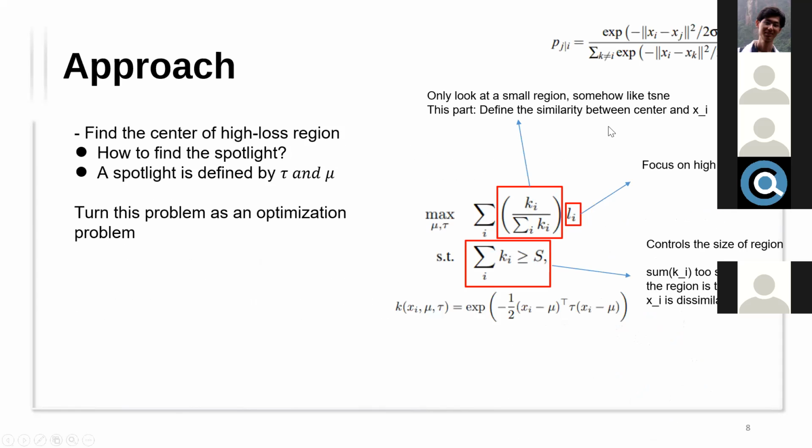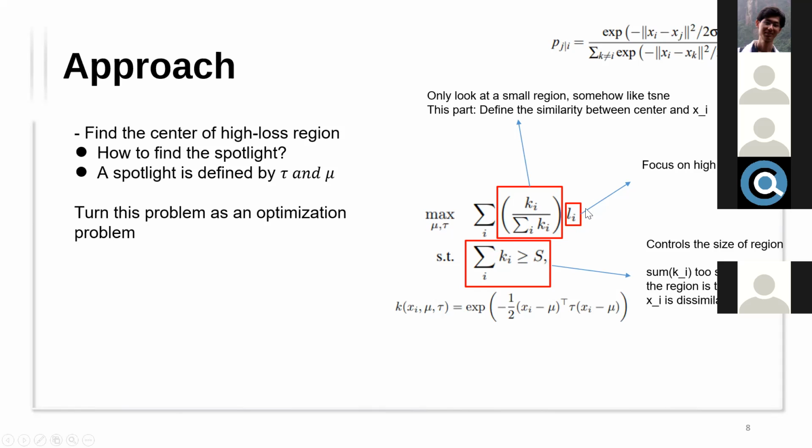And then they turn finding the region into an optimization problem. Here is how they do it. First, they try to maximize the importance weighting times loss.